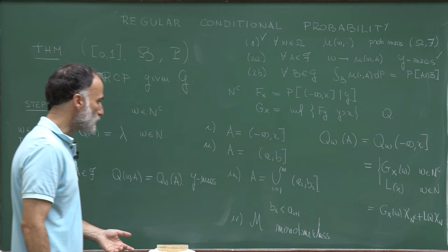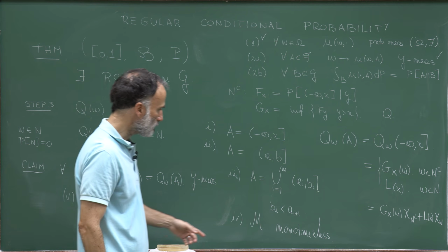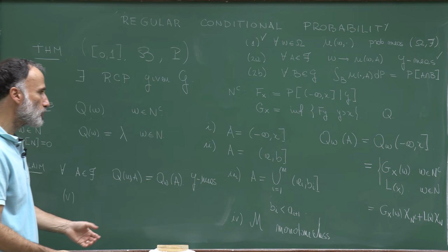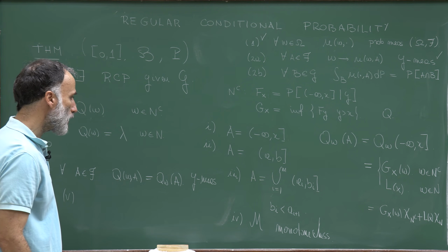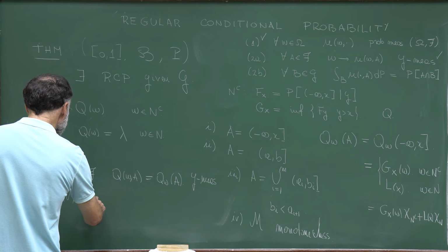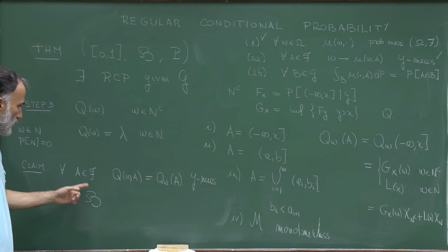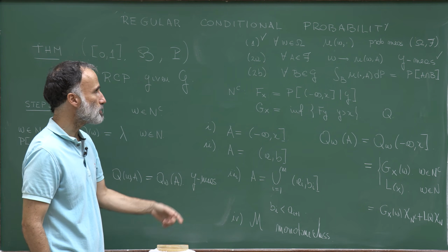And then we can use, finally, in the fifth step, the fact that if I have a monotone class which contains an algebra, then it also contains the sigma algebra generated by this algebra, but the sigma algebra generated by this algebra is the Borel sigma algebra. So this proves that indeed, for all A in the Borel sigma algebra, this function is G measurable.